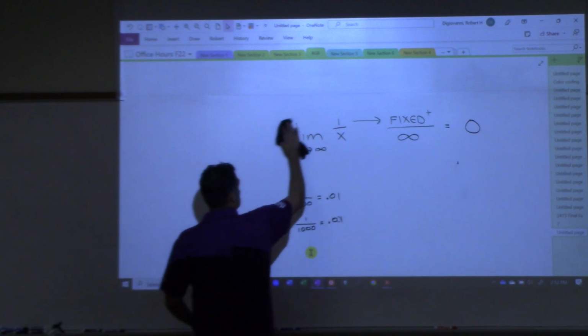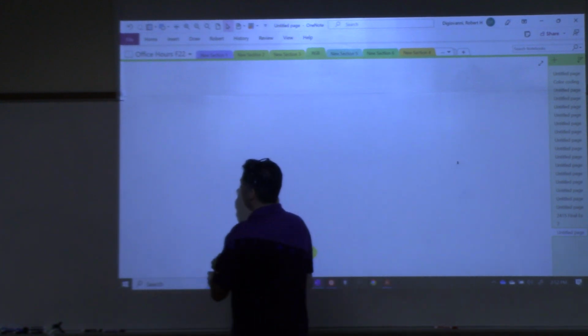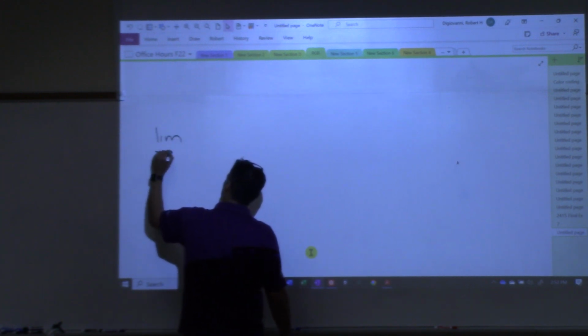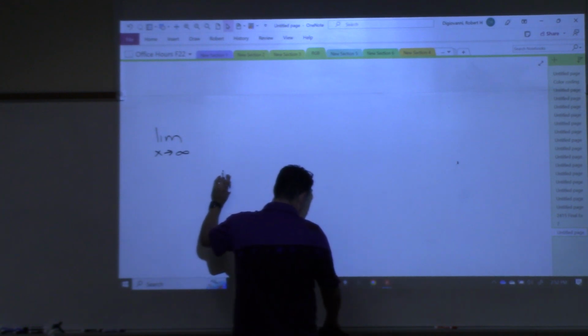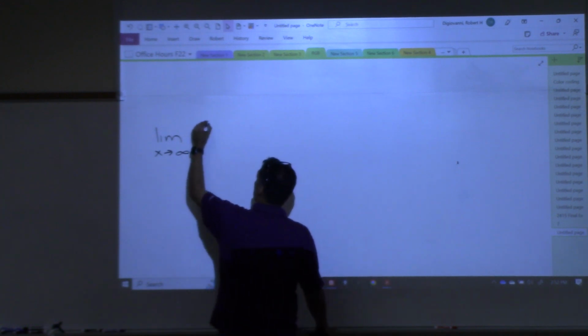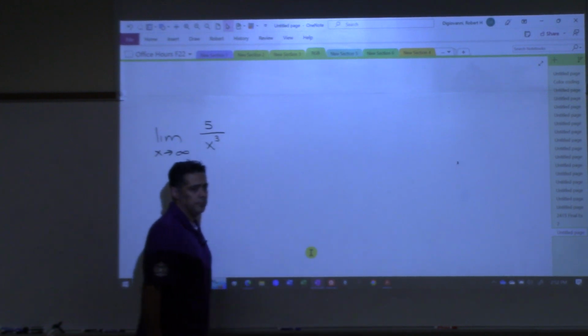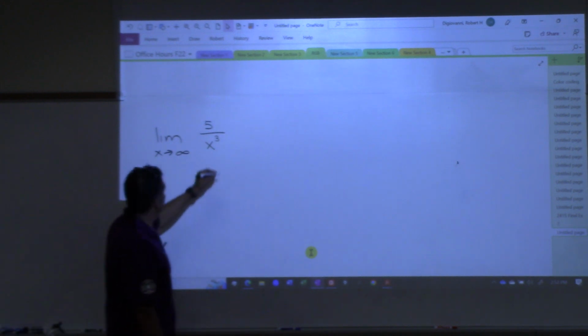So let's do an example like this. How about the limit as x approaches infinity of 5 over x to the 3rd power? I take a look at that and ask, where's the numerator headed?